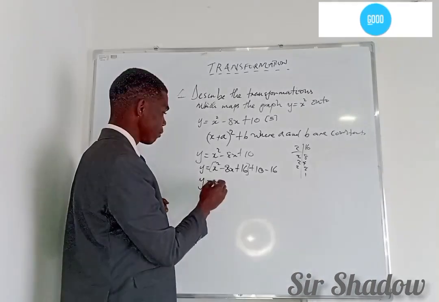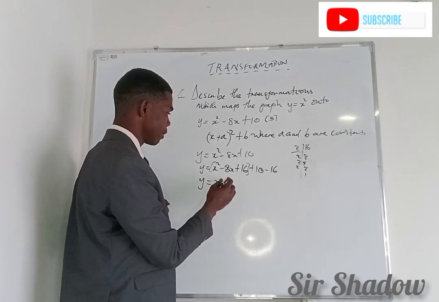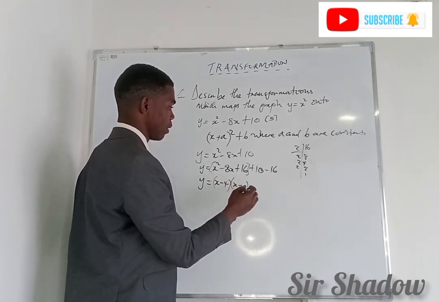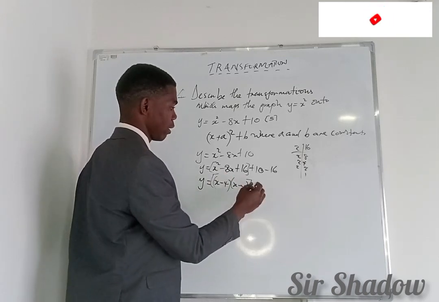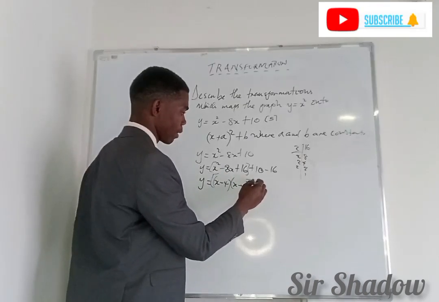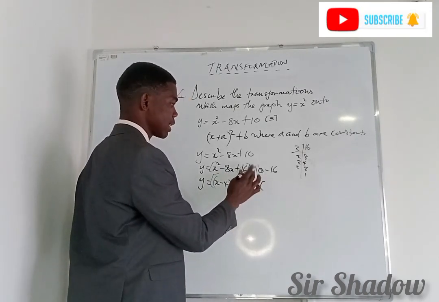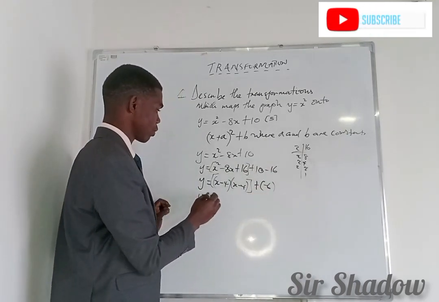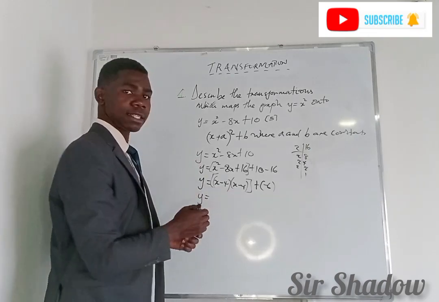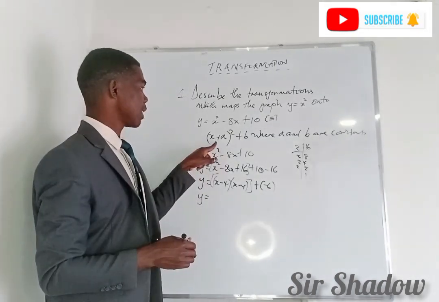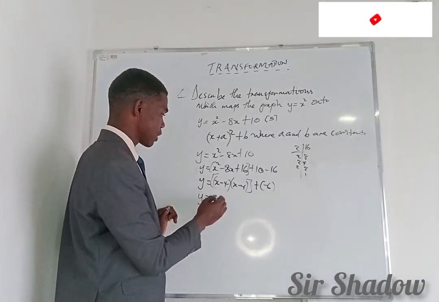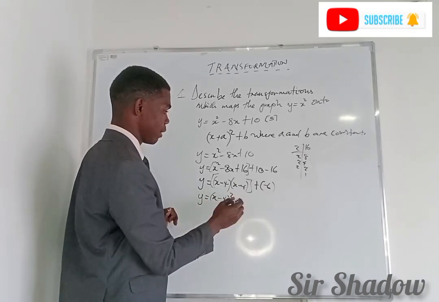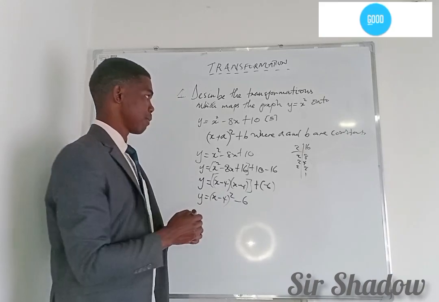So it is (x minus 4)(x minus 4). Then 10 minus 16 is minus 6. So y equals, since these ones are similar, we leave our answer in this form: (x minus 4) all squared, then subtracting 6.